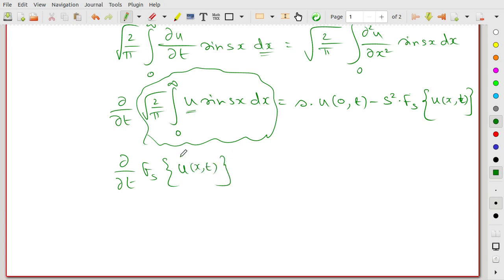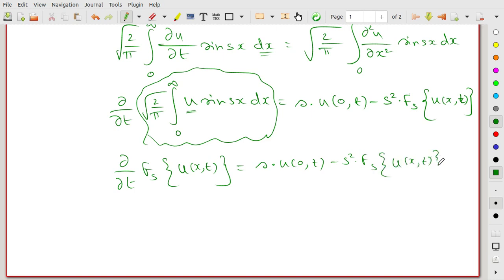On this side we have s into u of 0 comma t minus s square into the same Fourier sine transform of u of x comma t.